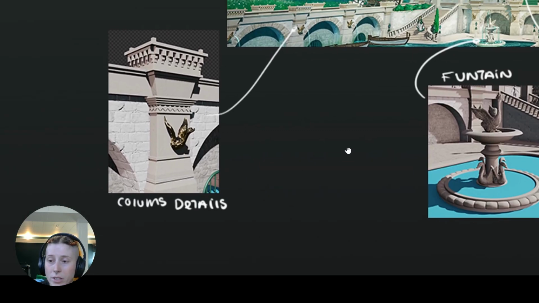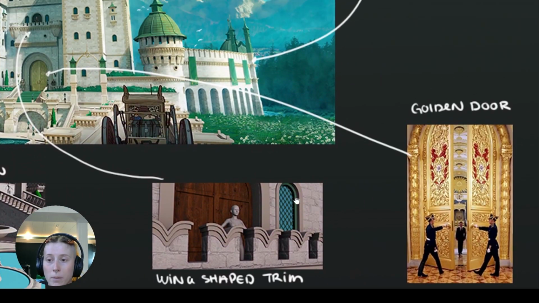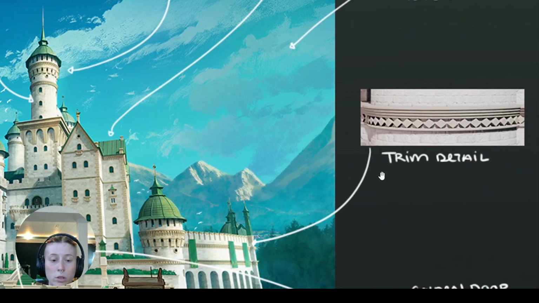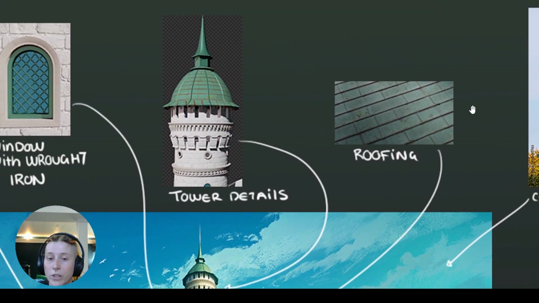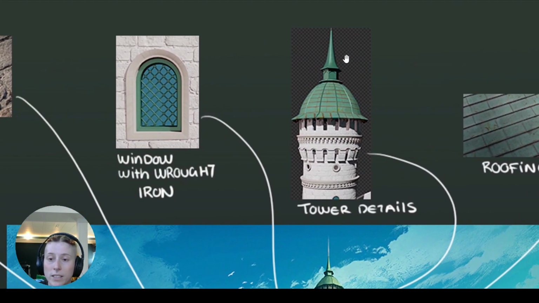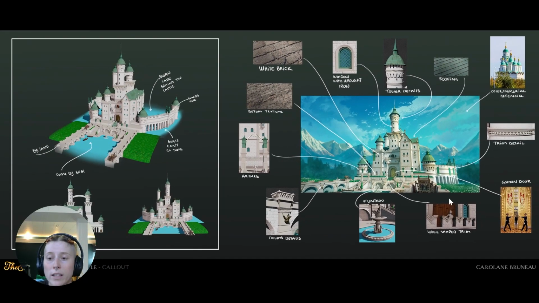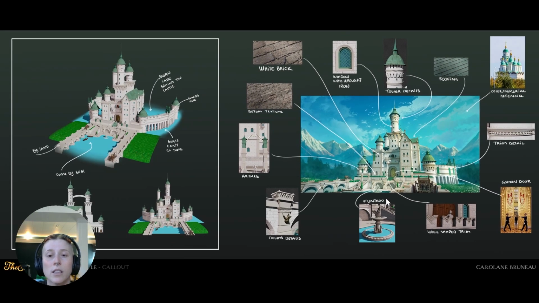You can see the little details of the fountain, the wing shape trim, some references for the door, some trim details, and some color references that I found really cool, a texture for the roofing, the tower details, and also window details. So anything that I think will be useful for the team for what they model, I will put in there. So that's pretty much it for the callouts.